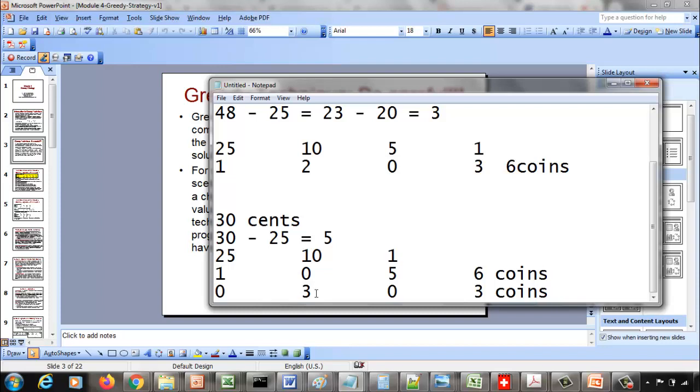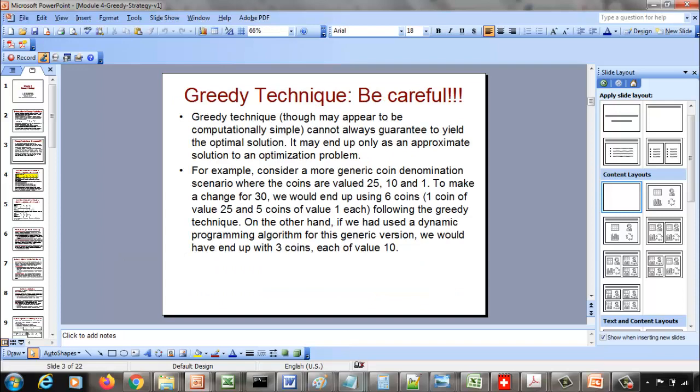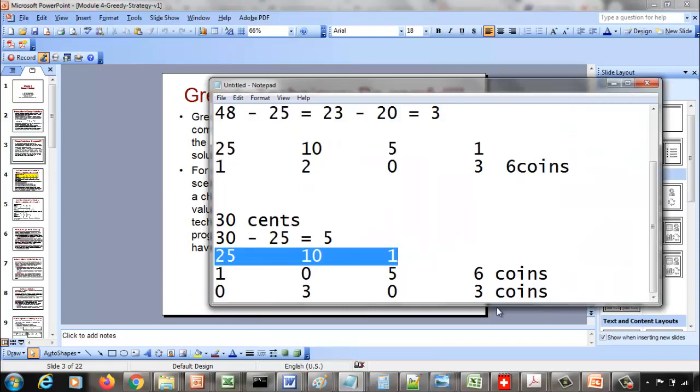So it depends on the problem and on all these particular cases, what coin denominations, like in this case. Okay. Now we'll come back to this coin denomination problem in the next module on dynamic programming, and there, using the dynamic programming approach, we can find out the minimum number of coins for any coin denomination.